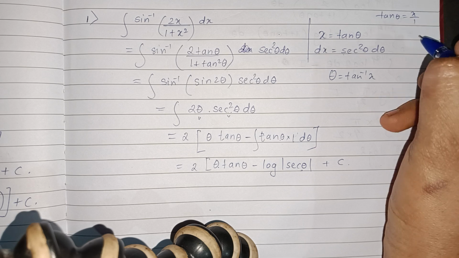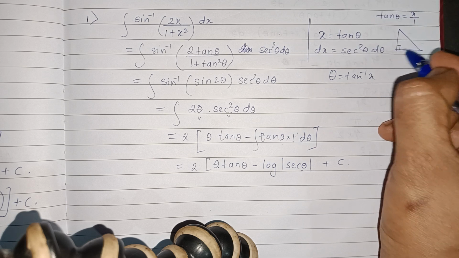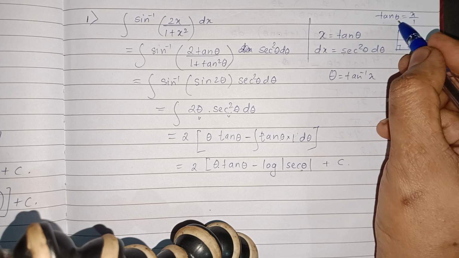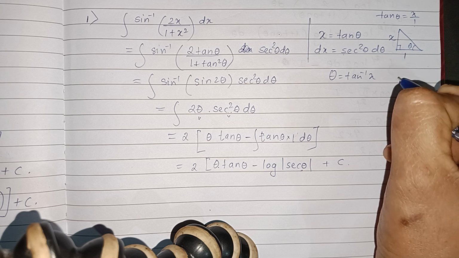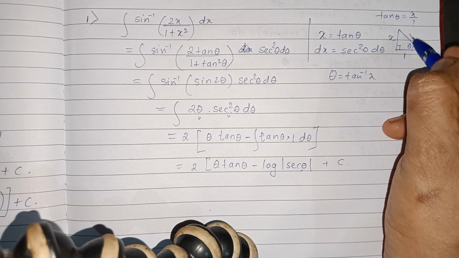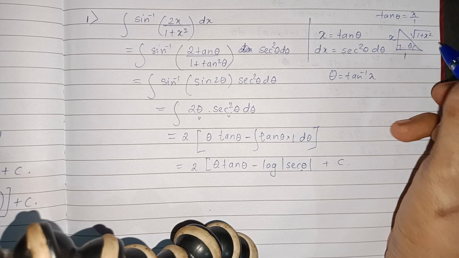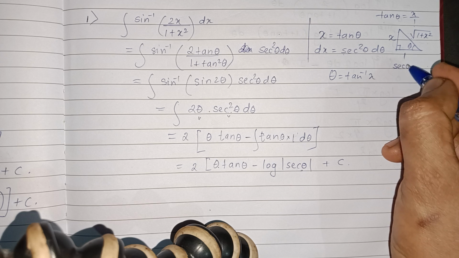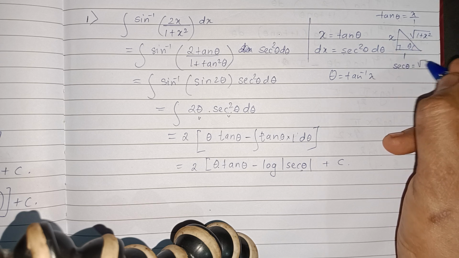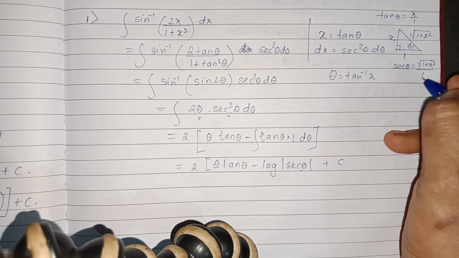x by 1, right? So if I use the triangle method, this is theta. Tan theta is opposite upon adjacent. Opposite upon adjacent. So what will be the hypotenuse? Root of 1 plus x square. Correct? So using this triangle, you can write sec theta, which is hypotenuse upon adjacent.